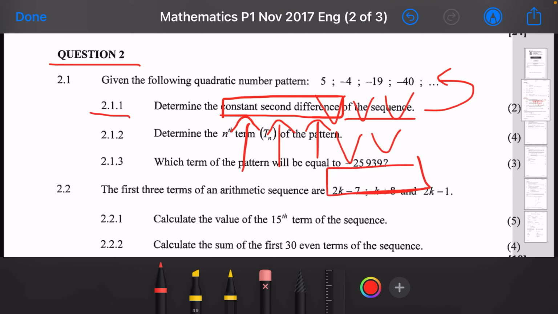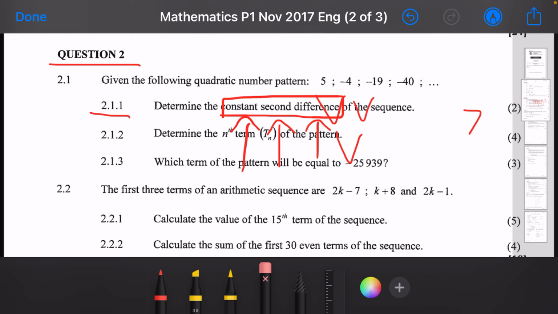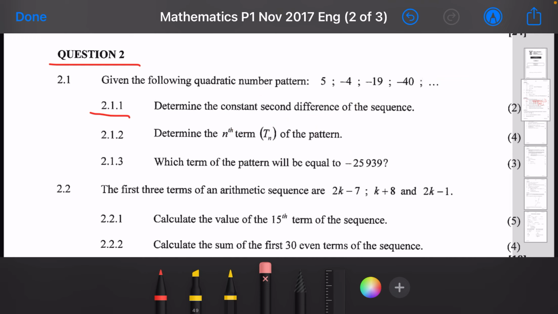With a quadratic, you perform that calculation and again continue with those 2 to confirm if you get a common second difference.